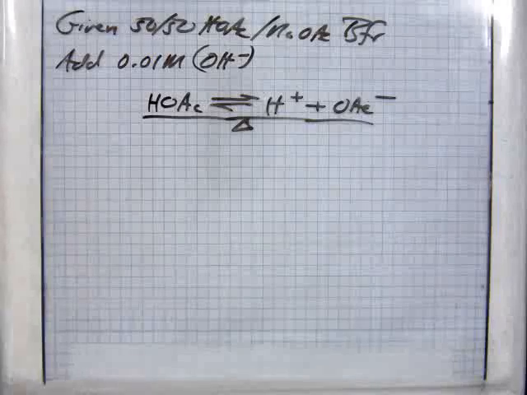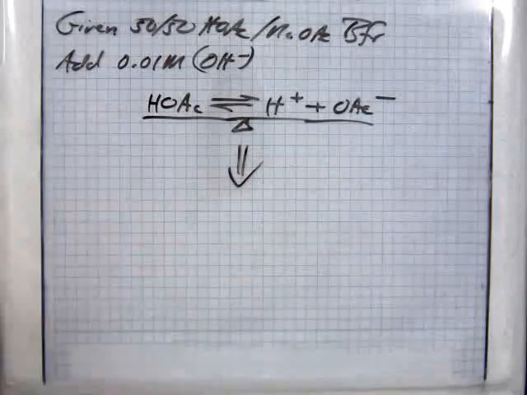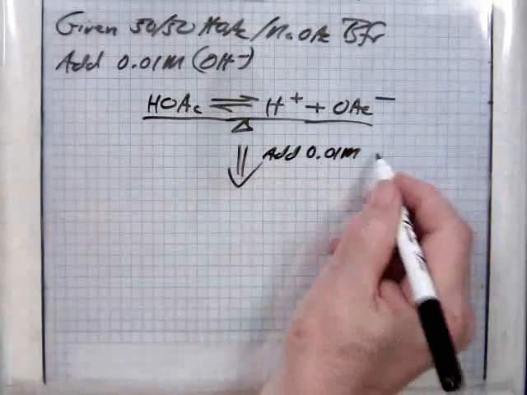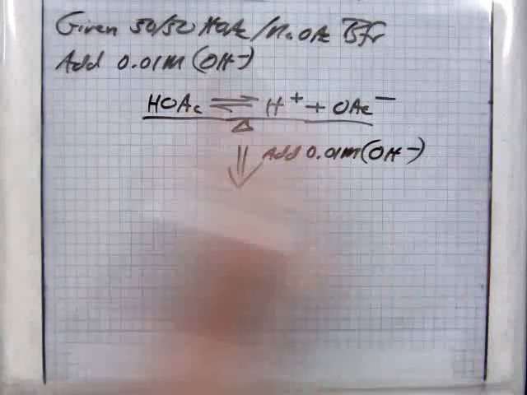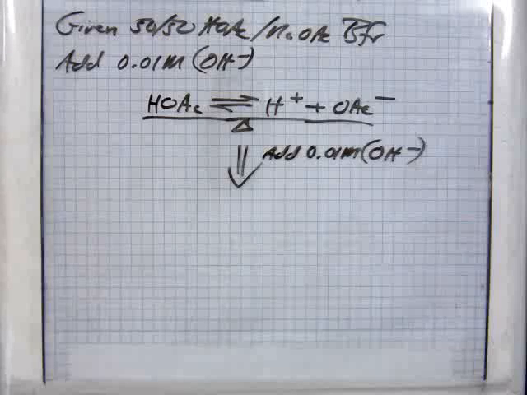Now, what we're going to do is add 0.01 molar in hydroxides from some outside source, and that has to be removed. How does the chemistry get rid of that excess OH?